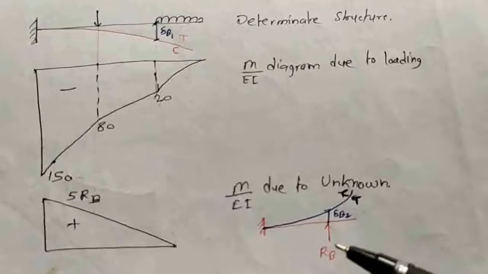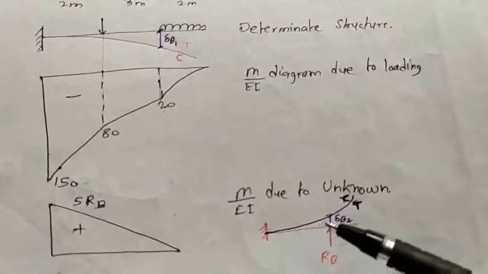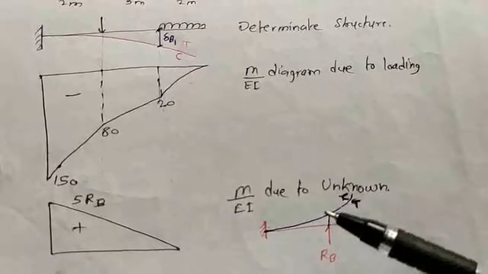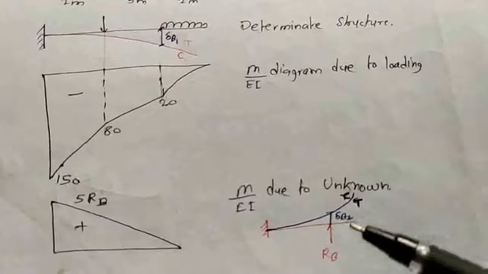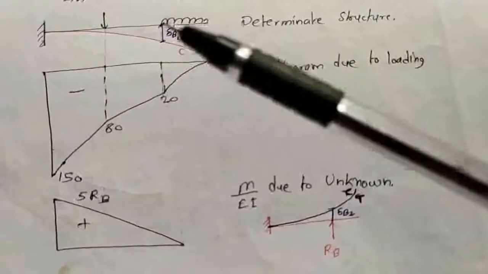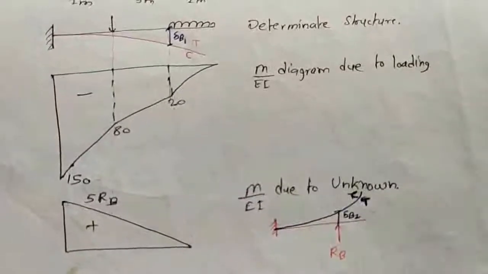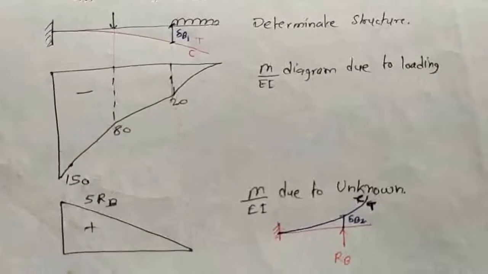Here just apply the force of the unknown. Because of application of the unknown, we are getting displacement in the upward direction. So upward displacement, take it as positive. And of course, because of loading we are getting downward displacement, take here negative.